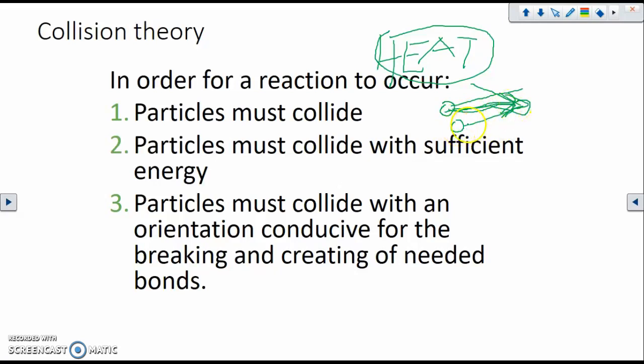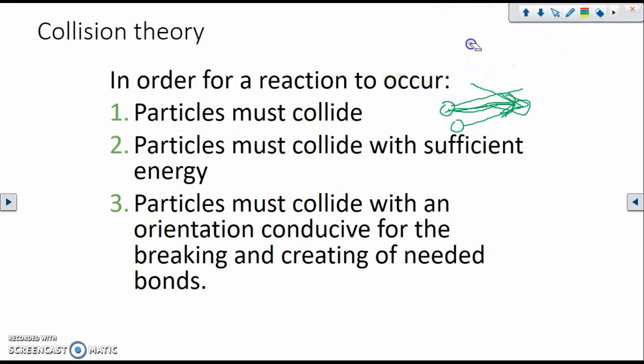And because there are more collisions, there is a higher likelihood for them to collide with the correct orientation. That is one of the reasons why heating something up, like cooking, which is actually a chemical reaction, increases the likelihood for a reaction to occur. Again, particles must collide with sufficient energy and the correct orientation.